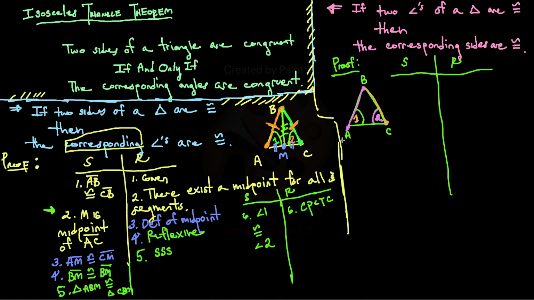So in this one, given angle 1 is congruent to angle 2, I want to wind up showing ultimately, at the end of all of this, that AB, this side, is congruent to BC. Now, how do I go about doing that?